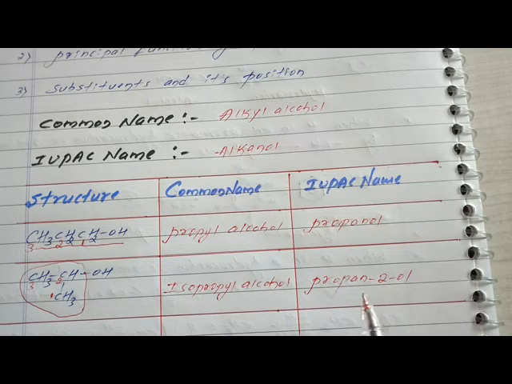In this case the OH is attached to the second carbon, so we write propane-2-ol. Writing 2-propanol is also right, but whenever we have the options propane-2-ol as well as 2-propanol, propane-2-ol is the correct answer.